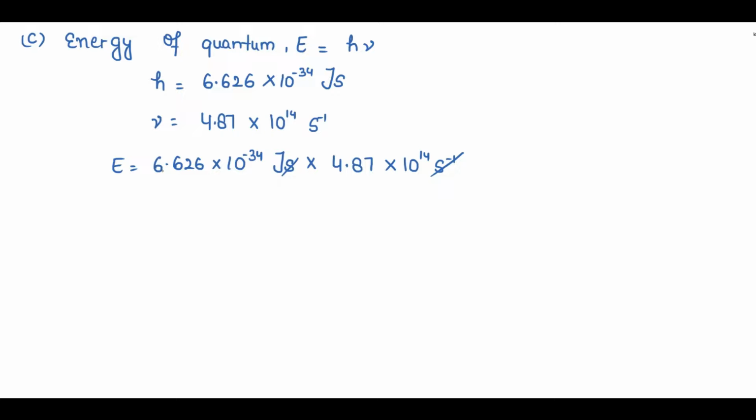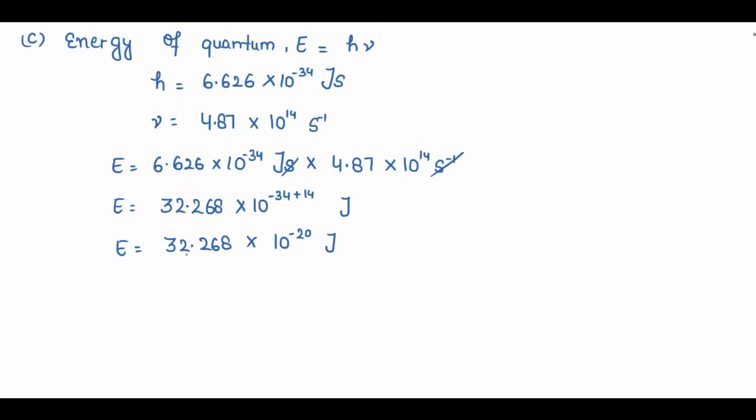Now when you multiply 6.626 with 4.87, it will be 32.268. These two powers are in multiplication, so you can simply add them. 10 raised to power minus 34 plus 14, units I am having joule only. So E equal to 32.268 into 10 raised to power minus 20 joule.